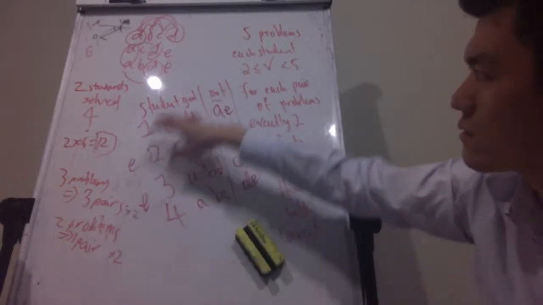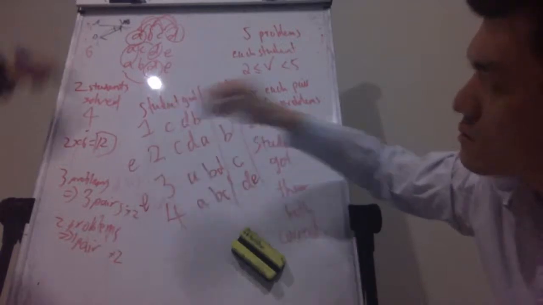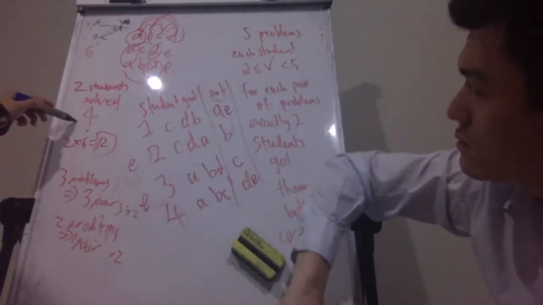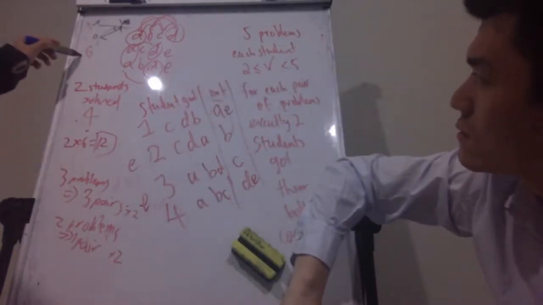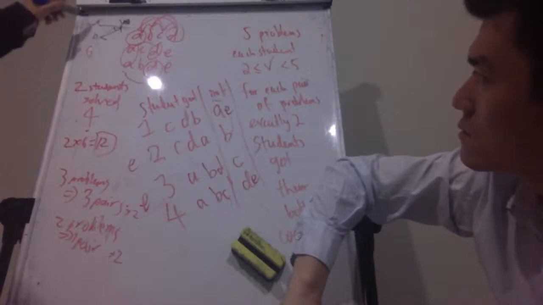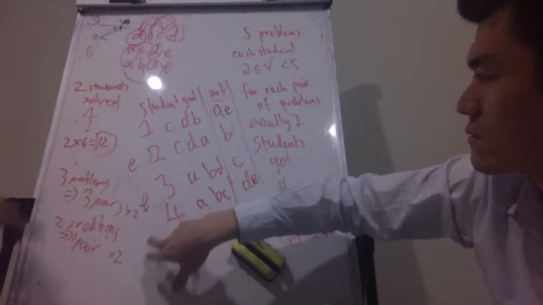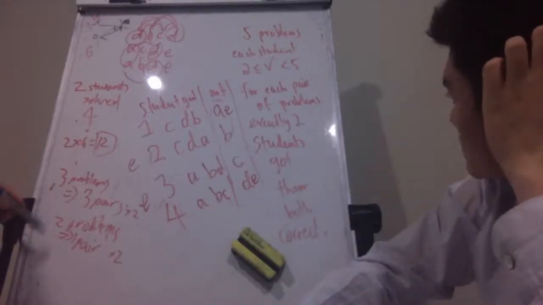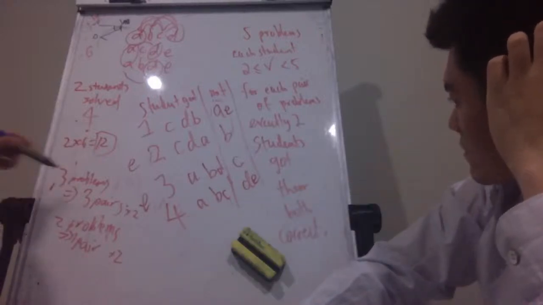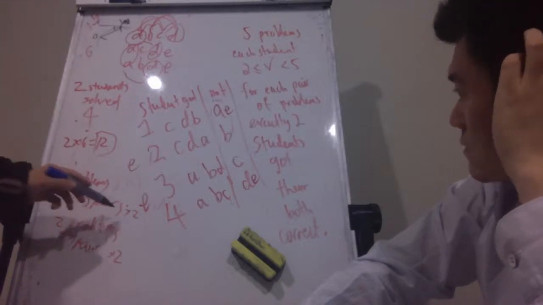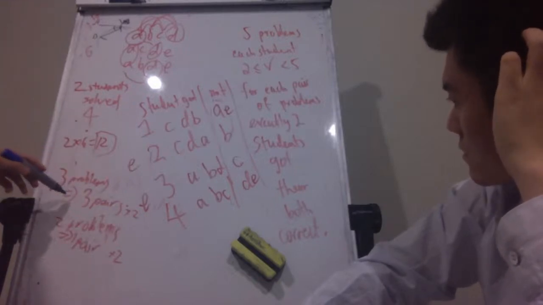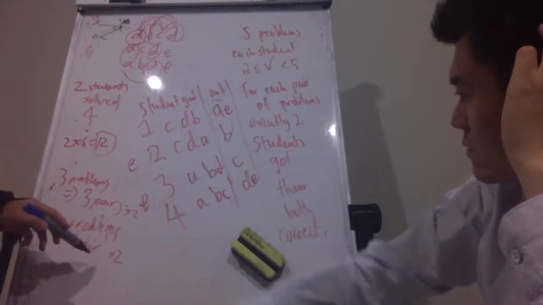I'm sorry, I'm not really following. Okay, so you have 1 student who solved 4 problems, that's 6 pairs, and then to make 14, you need 14 out of these 2. You need to maximize this, because otherwise it's too small. So if you maximize this out of 14, you can put 4 of these, 3 people who solve 3 problems, and then one of those, and 2 of those. Oh, okay.